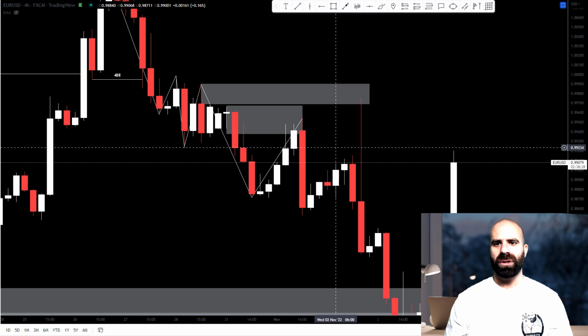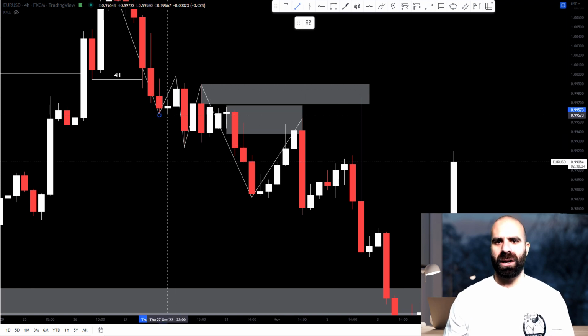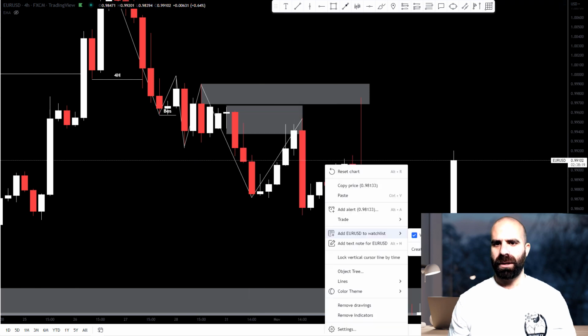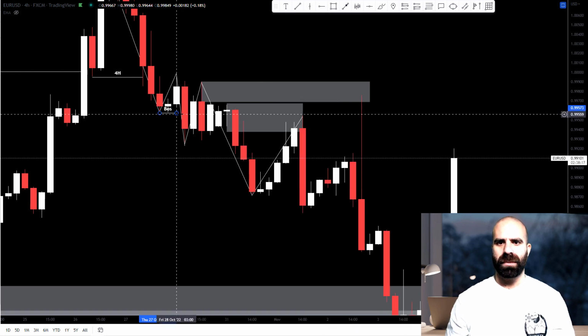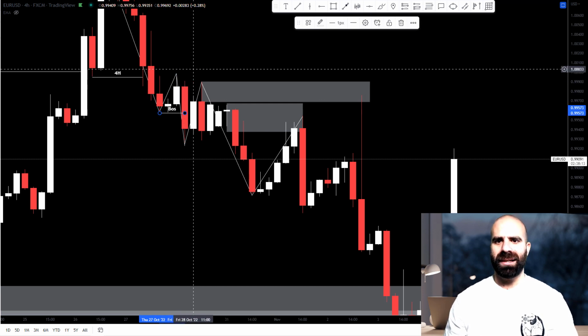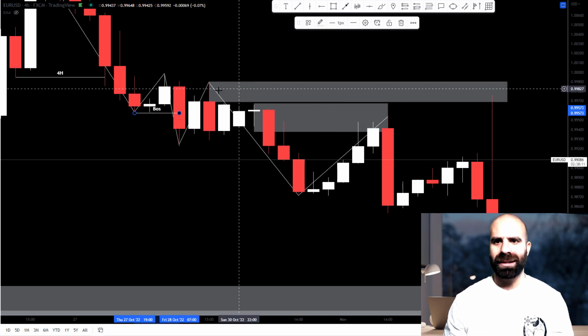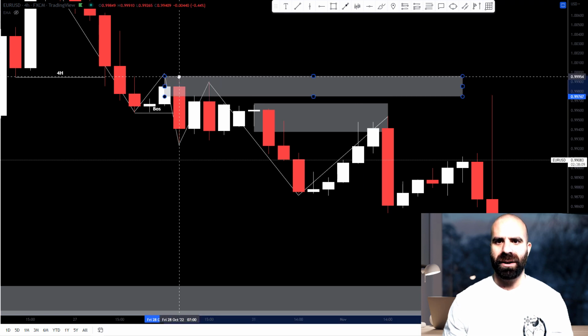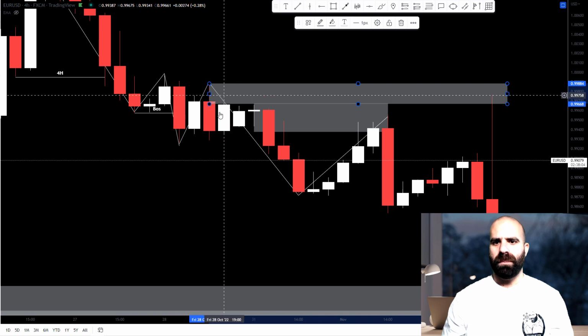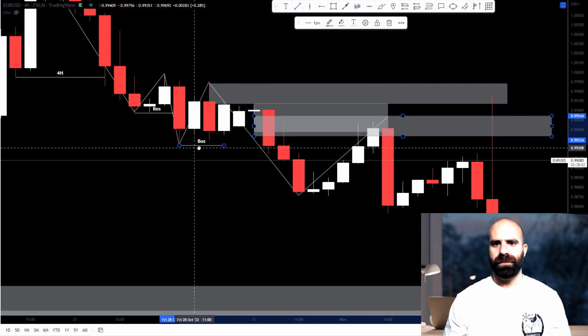Remember that. Okay, so again, break of structure here. I will just highlight that. Break of structure. Price came back and retested this order block, this white candlestick that we see right here, with this wick over here. Then we broke structure again.